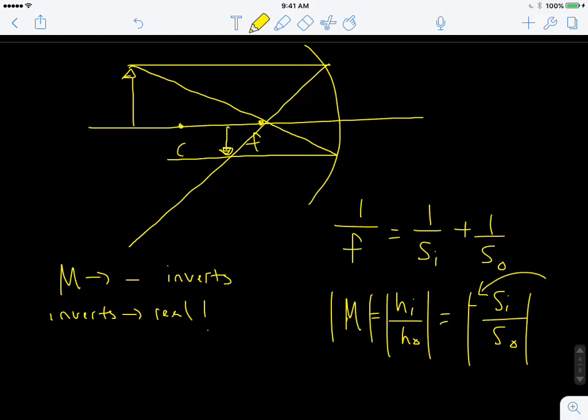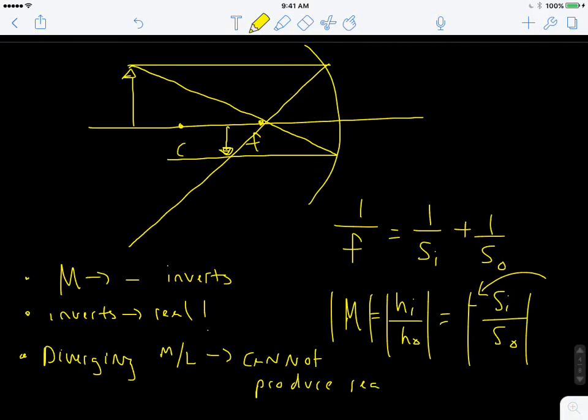The other thing that's important about diverging and converging lenses and mirrors is that if you have a diverging mirror or lens, it cannot produce real images.